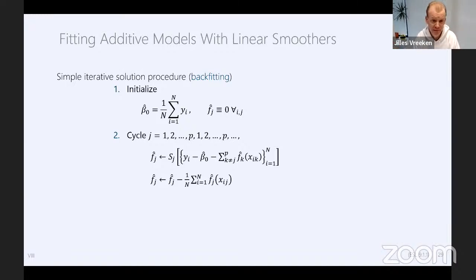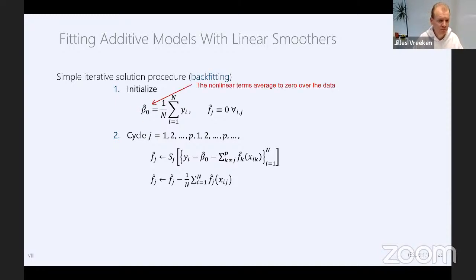It's called backfitting. Backfitting effectively comes down to this: we fit one function at a time, and then we start over and refit the first function, and then the second function, and then the third function, and we loop until we're happy. So what do we start with? We first choose beta naught. Beta naught we can determine analytically.